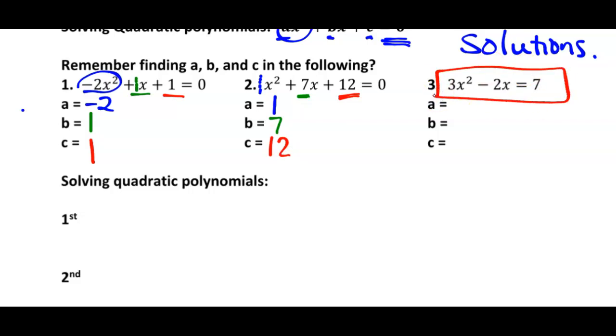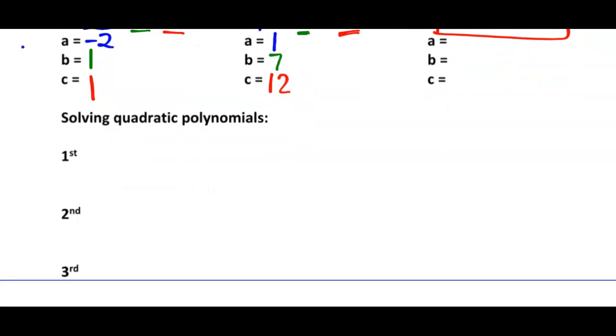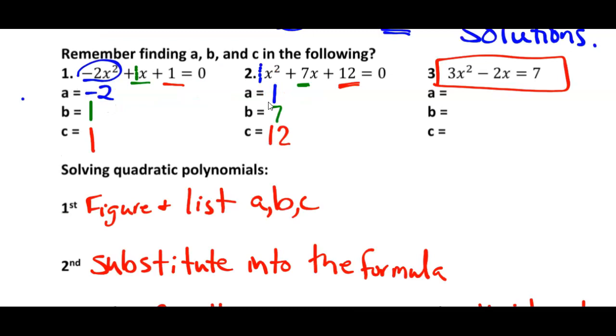We're in class. All right, so to solve a quadratic polynomial, first, you're going to figure out and list A, B, and C. After we figure out what our A, B, and C are, we need to substitute those into the formula.